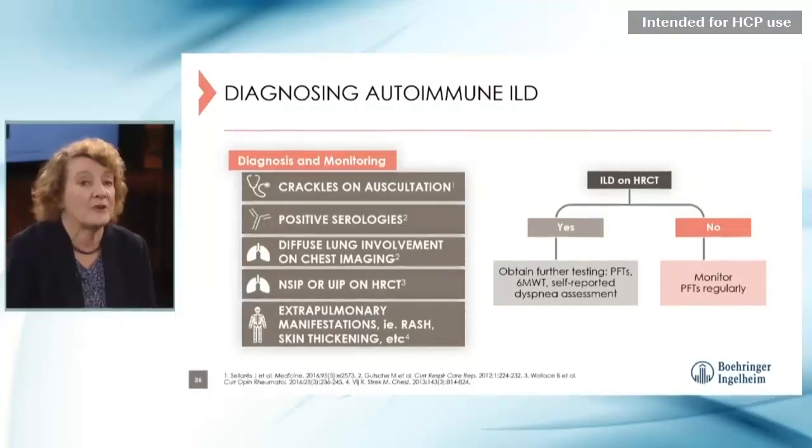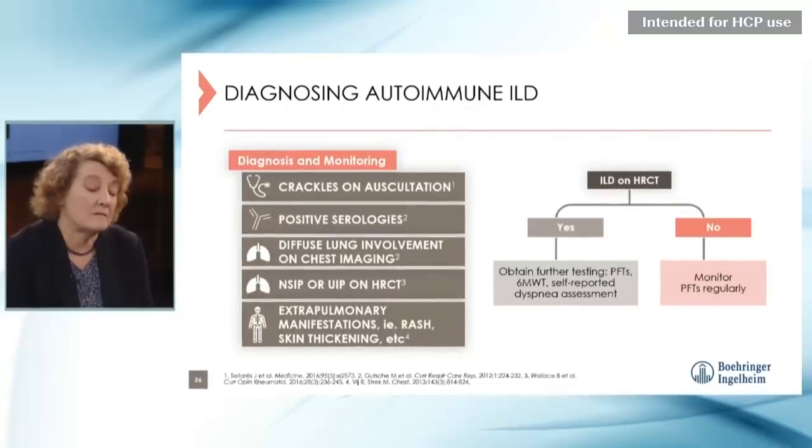So it's really important that all of us think a lot about the autoimmune ILD because these are ones that need to be diagnosed very early. Certainly on clinical evaluation, you hear crackles, may have positive serologies. They certainly have diffuse lung involvement.